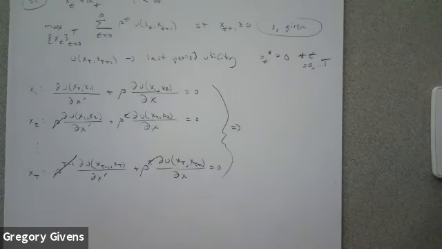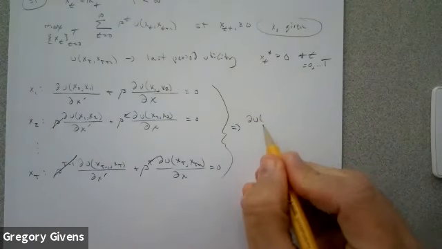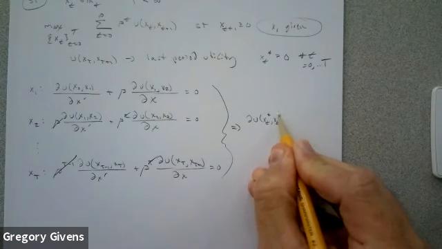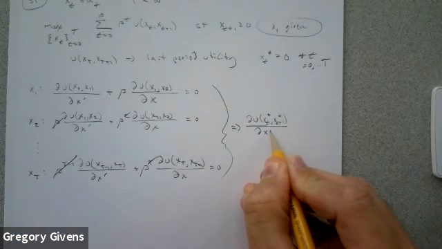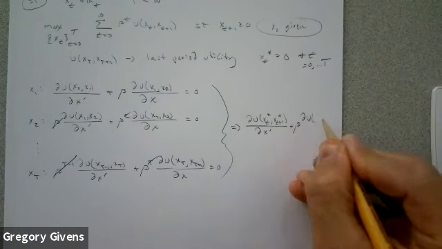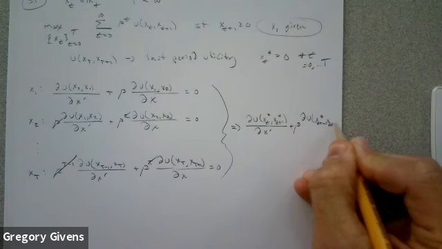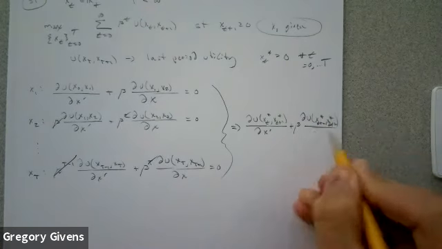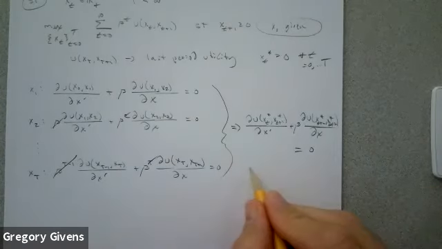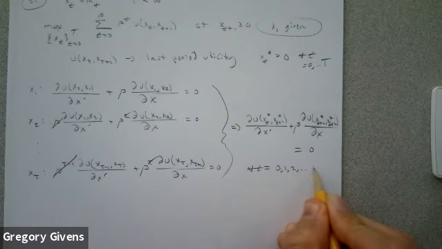The system of first order conditions takes a general form. It's the partial of u(x_t star, x_{t+1} star) with respect to the second argument, plus beta times the partial of u(x_{t+1} star, x_{t+2} star) with respect to the first argument is equal to 0 for all t between 0, 1, 2, all the way up to capital T minus 1.